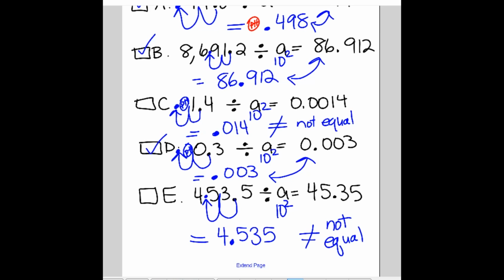All right, so just as a review, if you see any division by a power of 10 or division by a whole number like 100 or 1,000 or 10 or anything like that, that means we're moving our decimal point to the left. If you don't see a decimal point there, always start your decimal point at the very end of the whole number so that you can move it left.